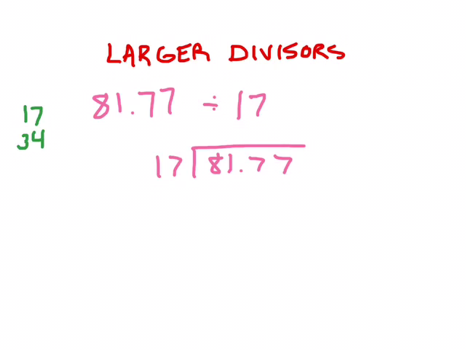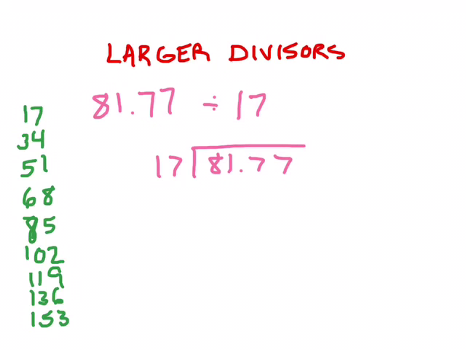I can add 17 again, and I think that's 51. I can add 17 again, I end up with 68. Add another 17, and that's 85. I can add another 17, and so on. And there I've listed all of the first 9 multiples. You can stop at 9 because you'll never need more than 9, which is kind of a nice thing.